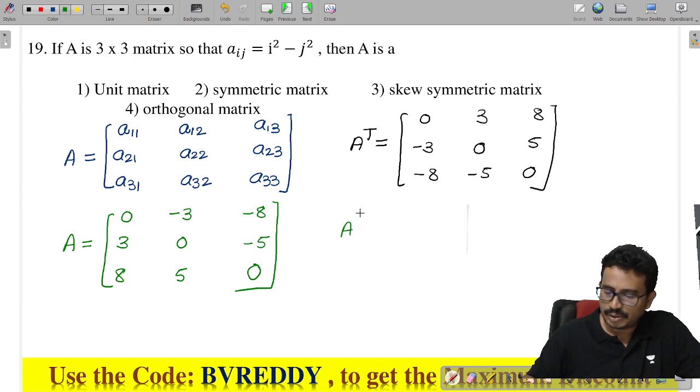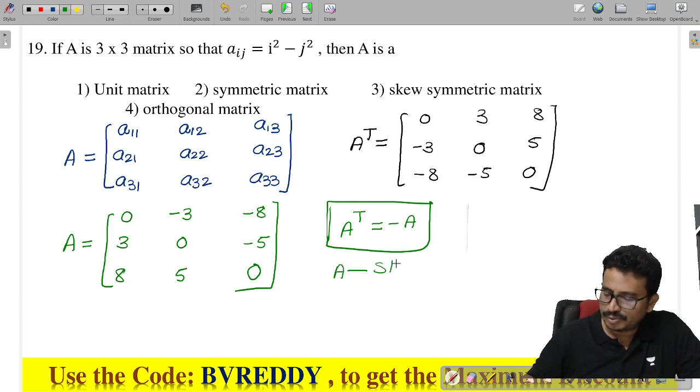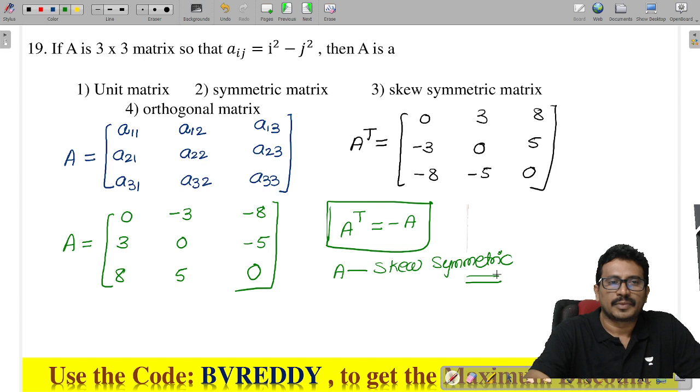What you can observe here is A transpose equal to minus A. From this what I can say, the matrix A is called a skew symmetric matrix. Right?